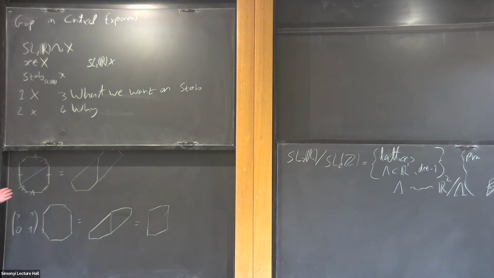We have a polygon where we identified the opposite edges, which are parallel and of the same length, and we got a surface that is almost everywhere flat. It looks like R2, but at one point, at this vertex, it's not flat, and in fact it has 6 pi degrees.